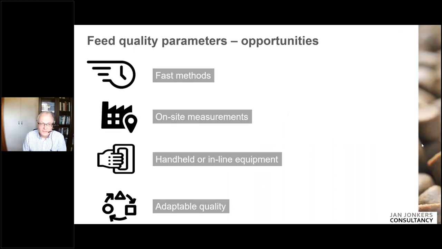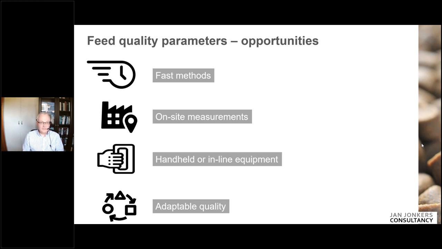Yes, then to summarize the opportunities within feed quality parameters, there are opportunities within fast methods. There are more and more fast methods available, and new fast methods can also be developed. If these are available, then you have the possibility to use these methods on site, so you don't need to go to an external laboratory anymore. You can just do it in-house.